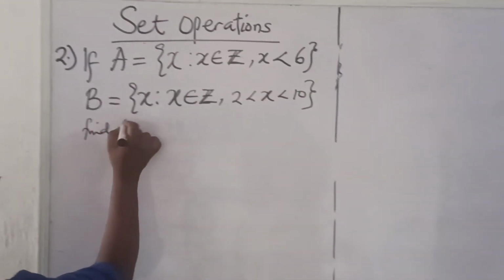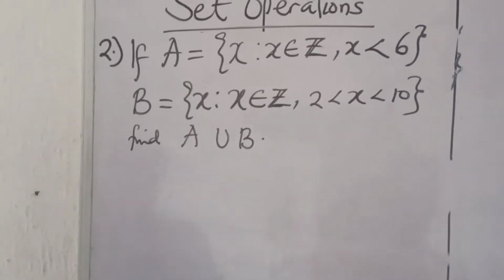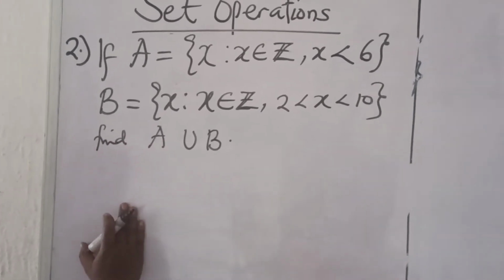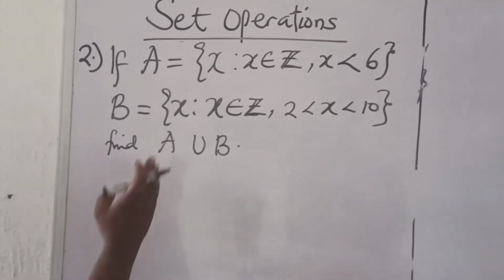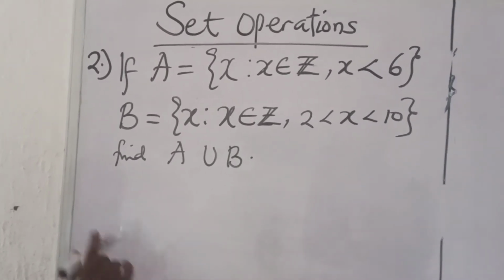Find A union B. These two sets have been written in set builder notation. We are going to use this description to write out the elements of the two sets.